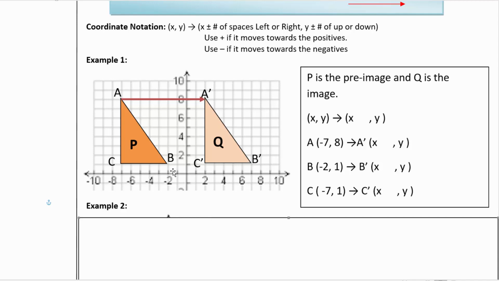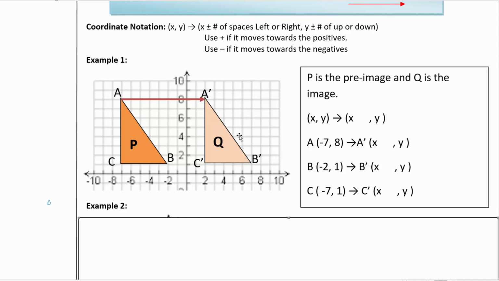So can you notice that? Well, let's see if we can count it together. So starting from here, it goes 1, 2, 3, 4, 5, 6, 7, 8, 9. The pre-image slid to the right 9 spaces.